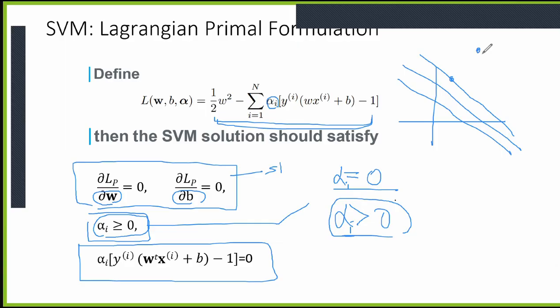We don't care about any data points that are beyond the support vector, because they're not helpful in determining the central hyperplane. So the Lagrange multiplier will only be greater than 0 when the data point i is a support vector, and it will be equal to 0 when it's some irrelevant data point in determining the hyperplane. And this is also saying something similar.